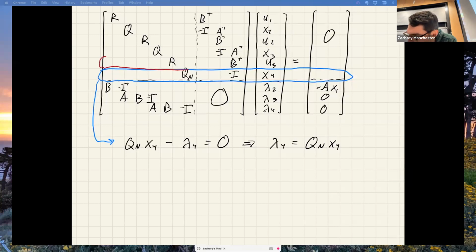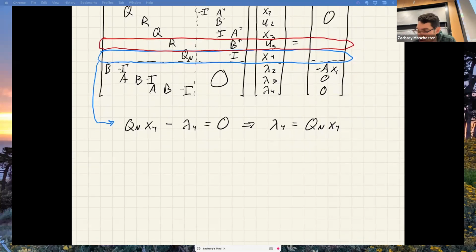So let's look at the next row. Circle this guy. Okay, so this guy says RU3 plus B transpose lambda 4 equals 0.